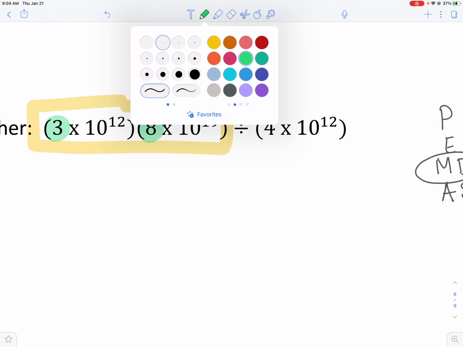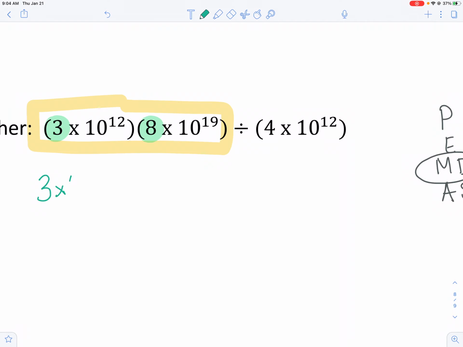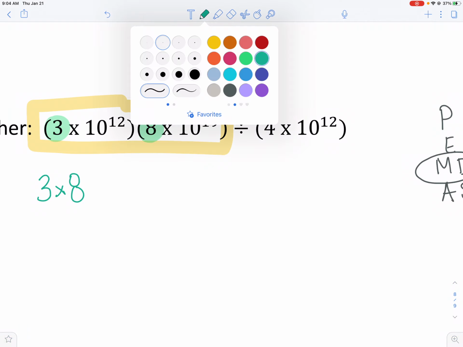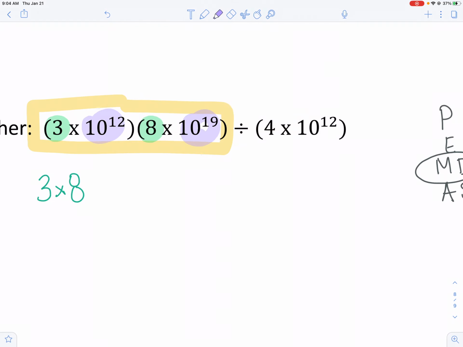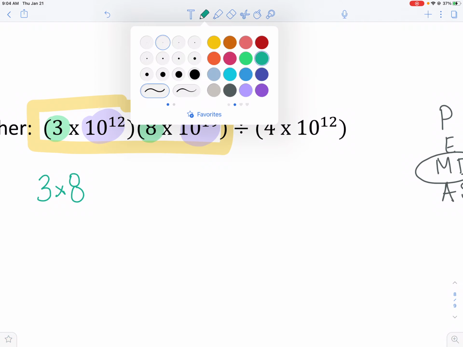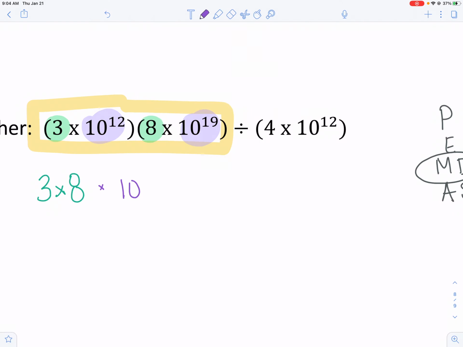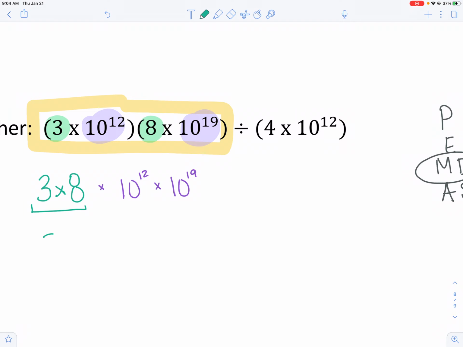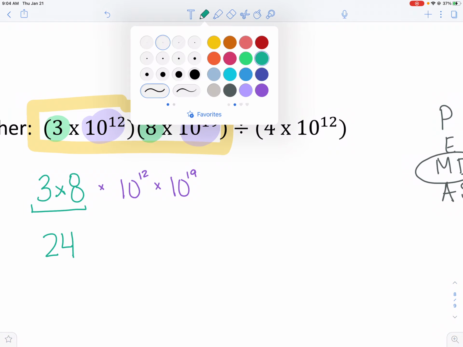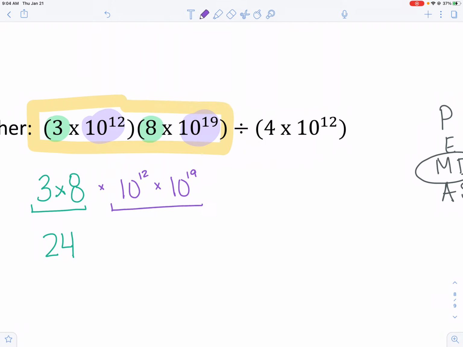So I've got 3 times 8, then the exponents, 10 to the 12th, 10 to the 19th. Multiply 3 times 8, which gives me 24. And because these 2 exponents are being multiplied, I am going to add 12 plus 19, which gives me 31.